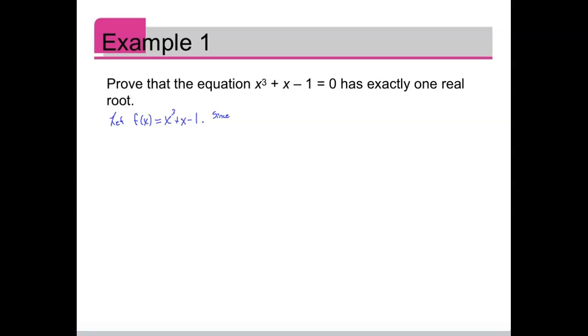And I'll say since f is polynomial, it is differentiable and therefore continuous.